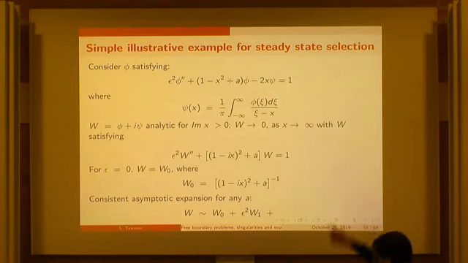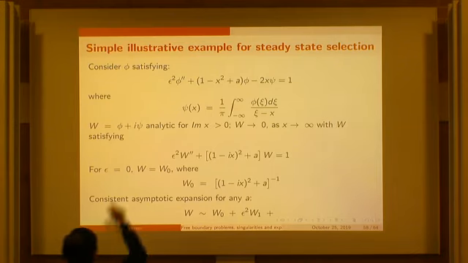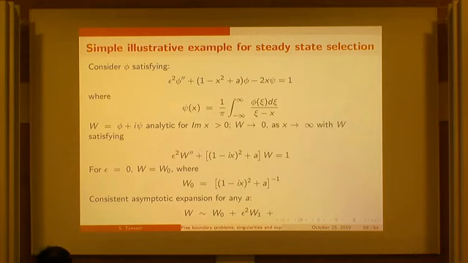You take the first equation and write that as a real part of epsilon squared prime plus 1 minus i x squared plus A times W minus 1 on the real axis.